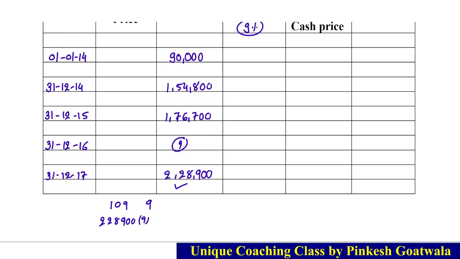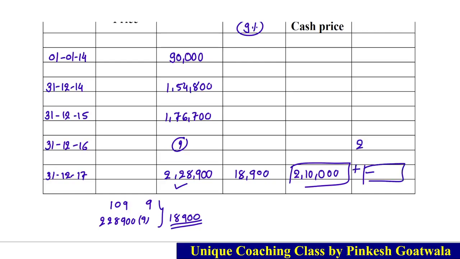So what will become? 18,900. That is the amount of interest. We subtract it, so here you will get 2,10,000. And we know that in the last year nil will come. So 210 plus this, what will become here? 210, right? And it will be transferred to the next year. So here we have completed our last installment.